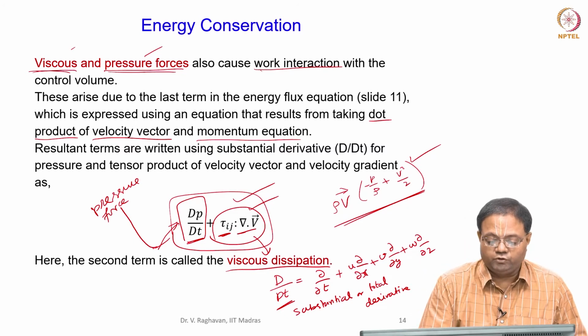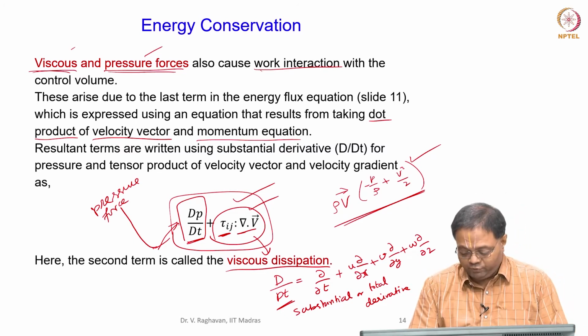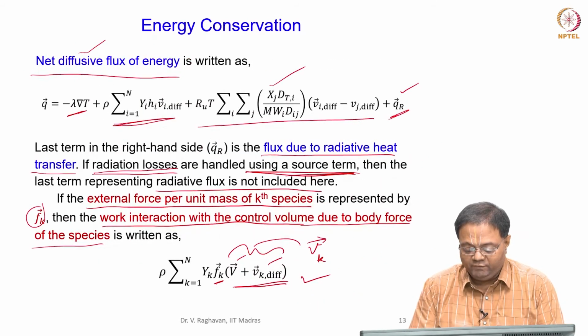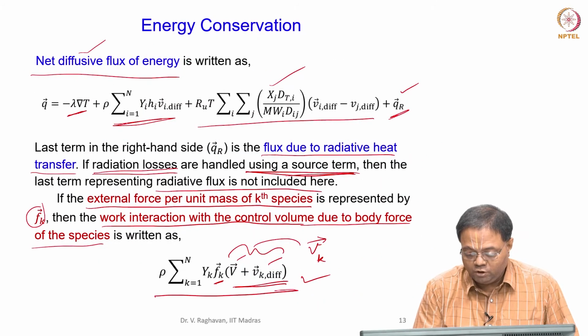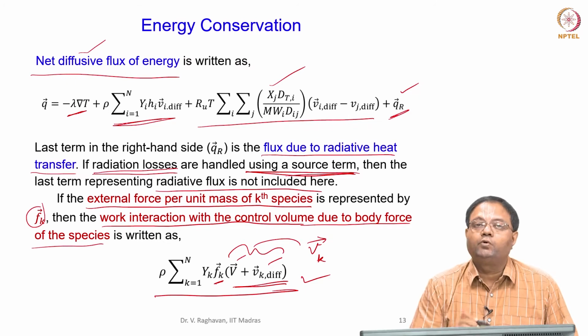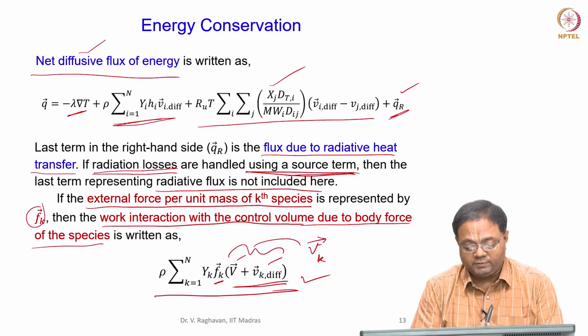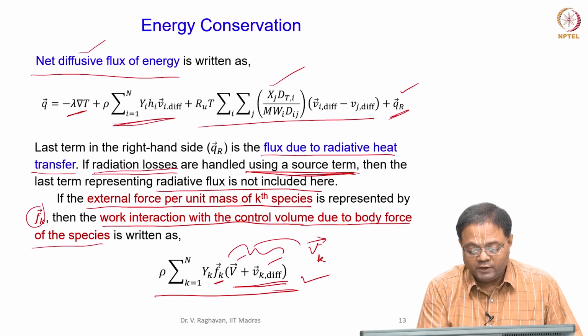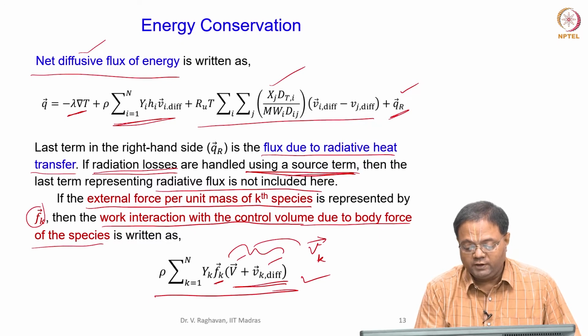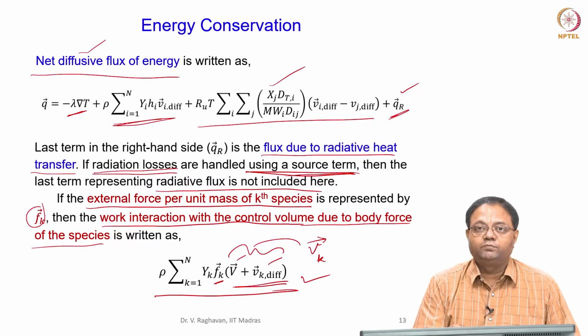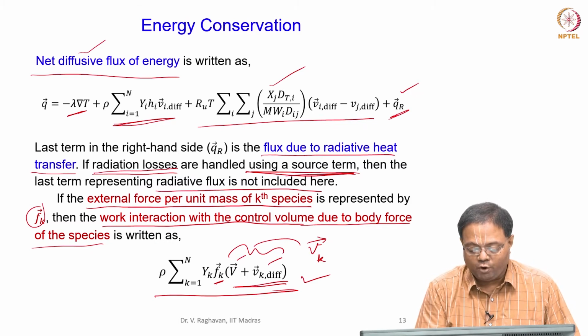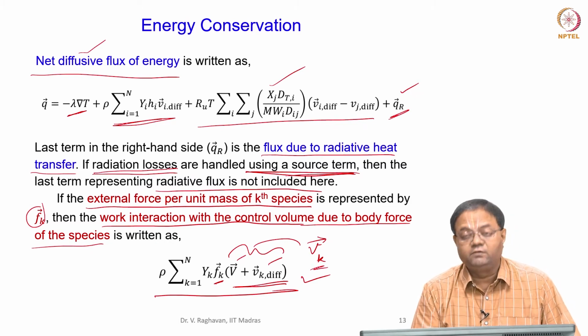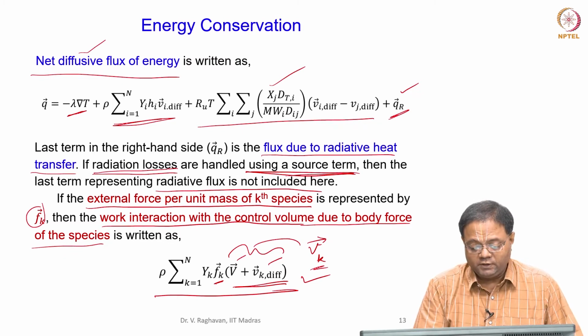So these are the force terms. So there are three force terms. Previously in this slide we saw the body forces contributing to work interaction. These force terms will contribute to work interaction basically. So external force per unit volume of each species added up with its mass flux, that is rho into Yk into Vk, that will be the mass flux of kth species, that into the body force.